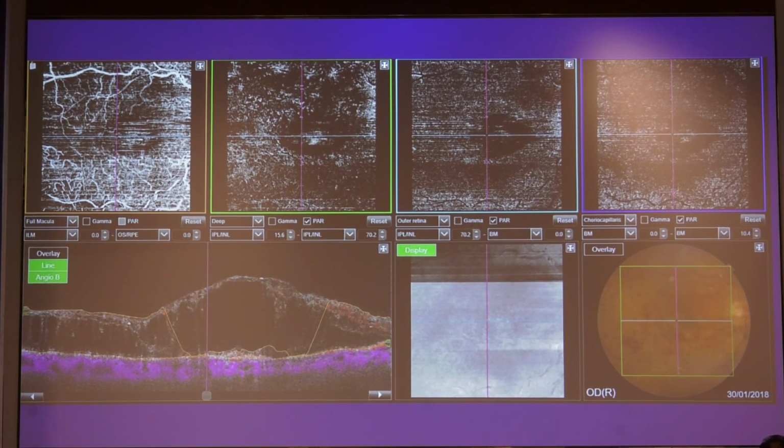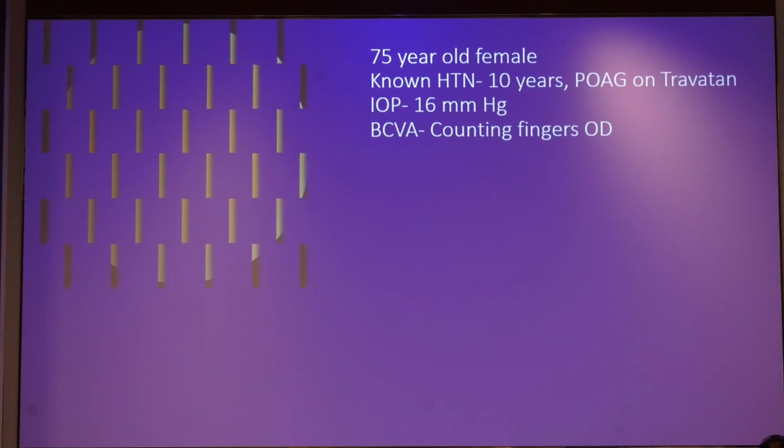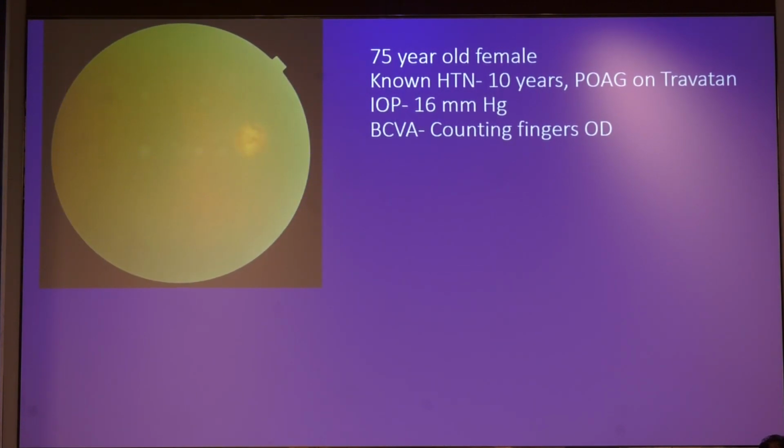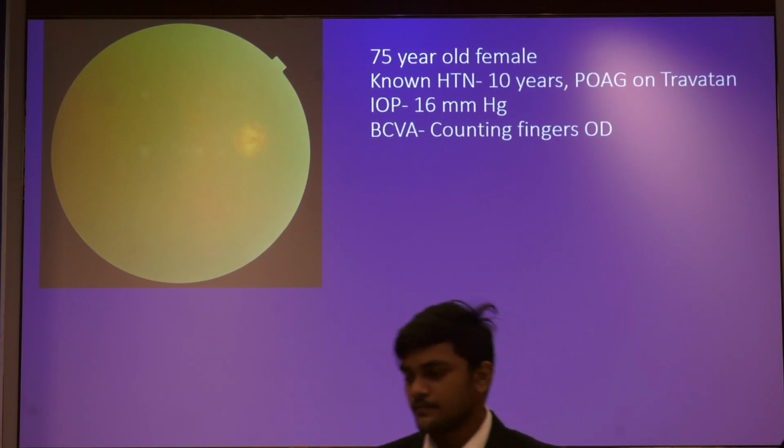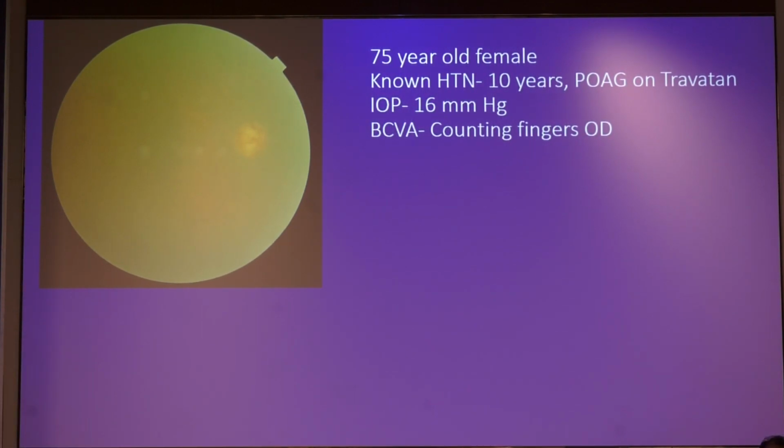Now this was again a 75-year-old female, known hypertensive for 10 years, who had open-angle glaucoma on Travatan. Intraocular pressures were 16, well controlled with anti-glaucoma agents. Best corrected visual acuity was counting fingers with grade 3 nuclear sclerosis.